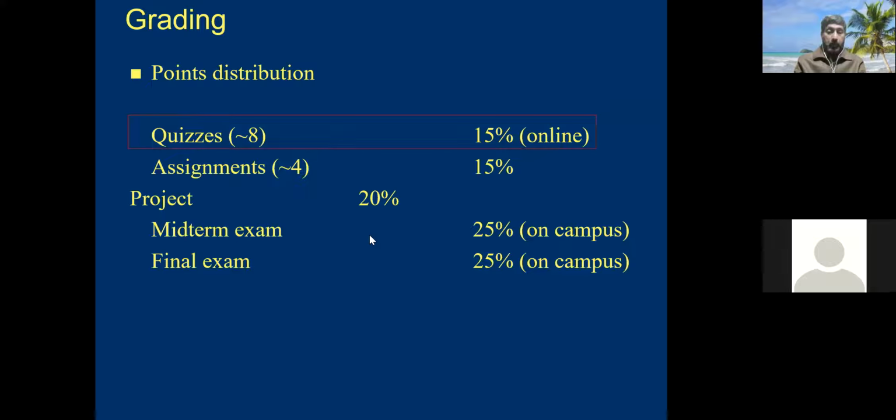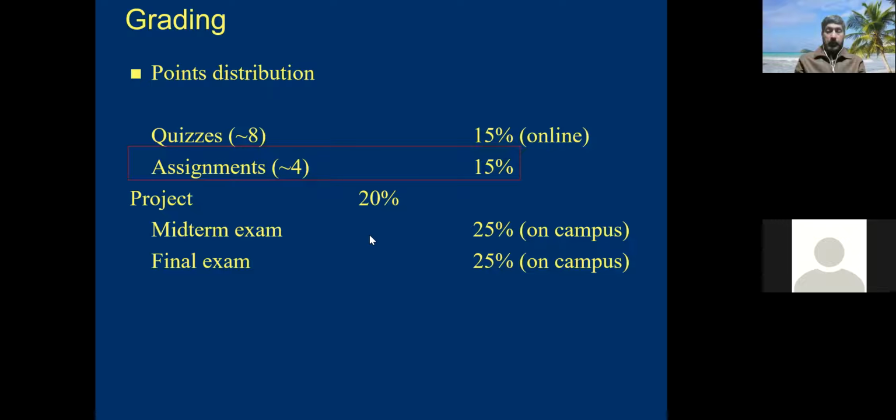These quizzes would be held online at the end of the lecture in which the quiz is announced. The quizzes would be on Zoom and LMS, so they will be online. As I mentioned earlier as well, you will be required to have your video on during the quiz. Quiz will be about 10 to 12 minutes long.